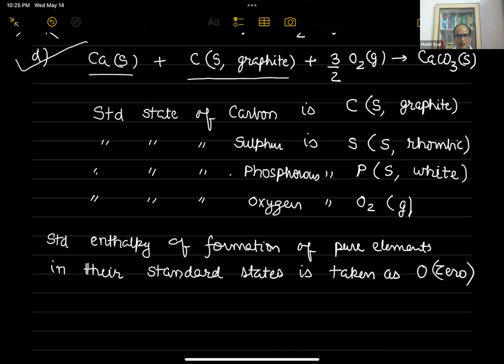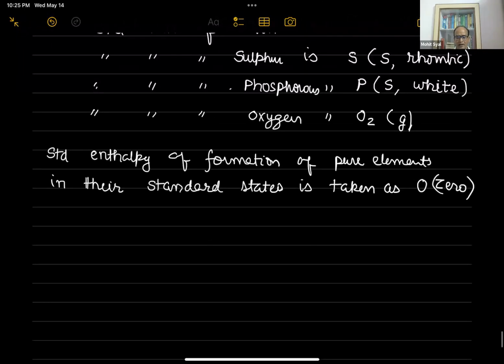Compounds are formed from elements, and what about the elements themselves? The standard enthalpy of formation of pure elements, for example Br2, which in its standard state is liquid, is taken as 0. What about the standard enthalpy of formation of oxygen: liquid, solid, or gaseous oxygen?